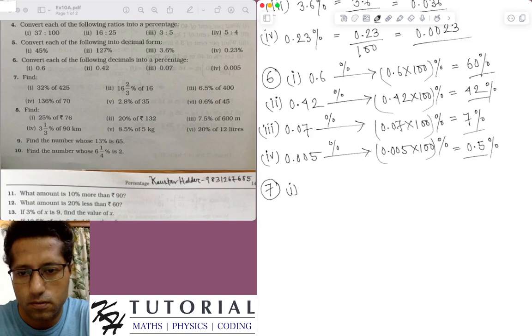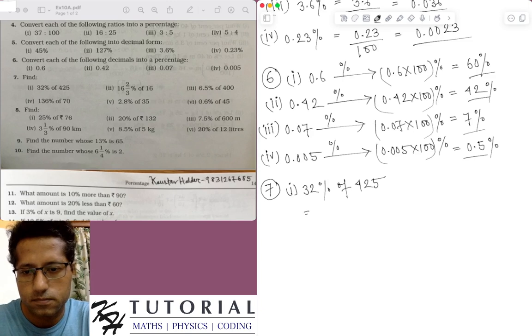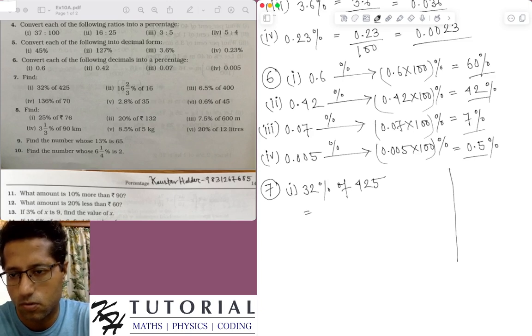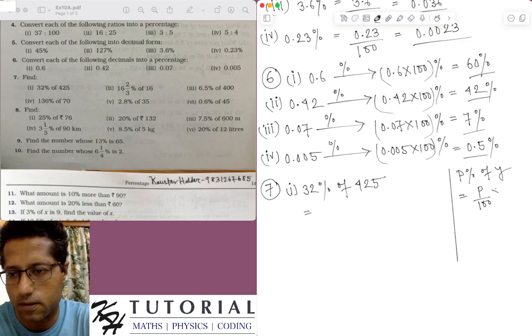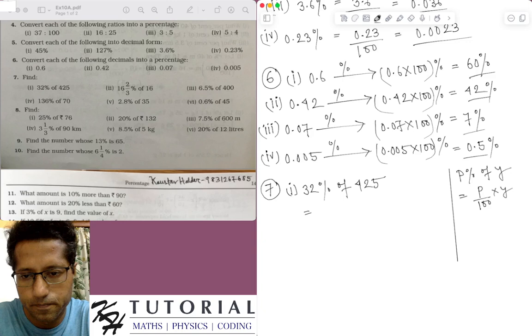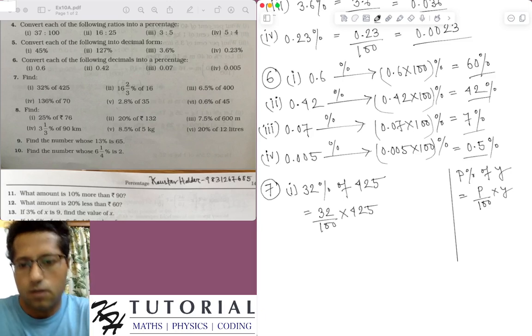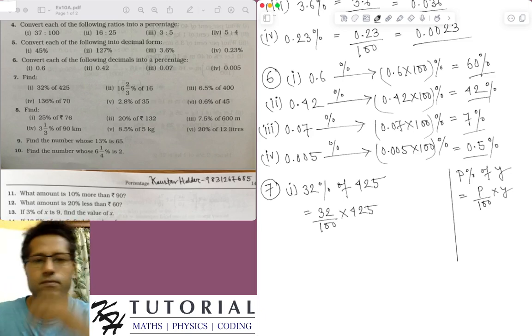So 32 percentage of 425 equals, as we know that P percentage of y equals P by 100 multiplied by y. So this is 32 by 100 multiplied by 425. So now this is how much?